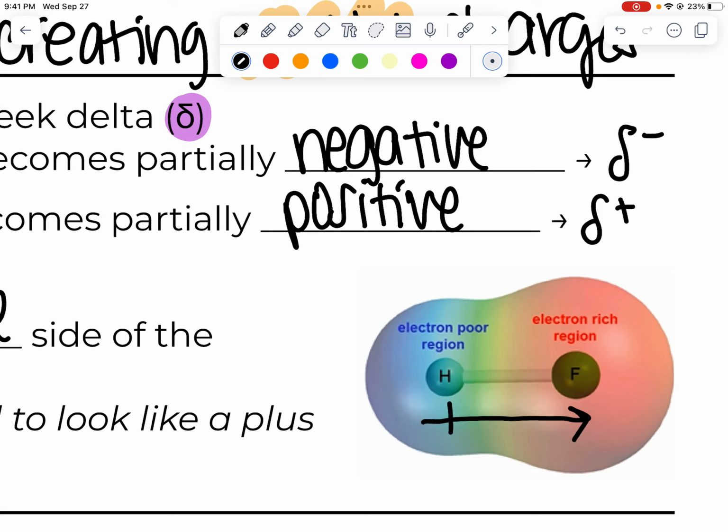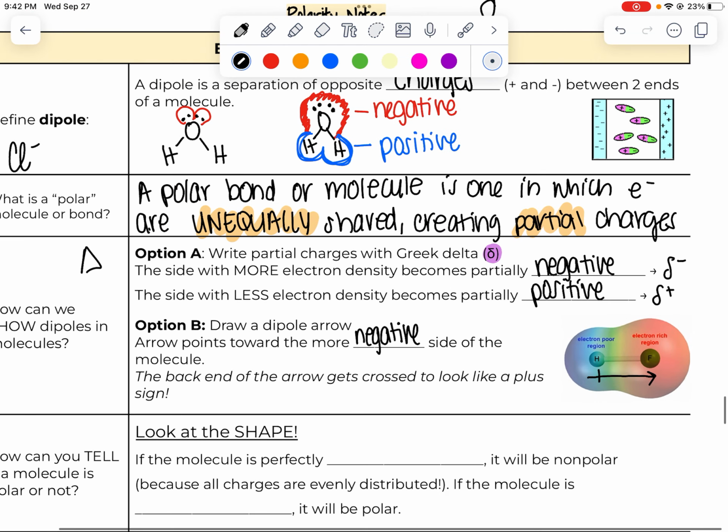So typically I like to use dipole arrows to represent bond polarity, so that way you're not confusing the deltas and the dipole arrows, but honestly, truly, you could use just one method for both and it would be fine. But I'll show you how I use them.